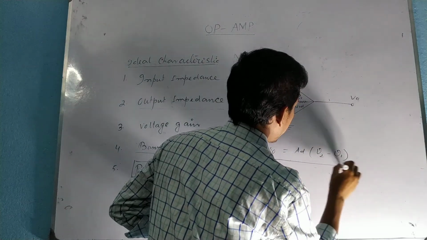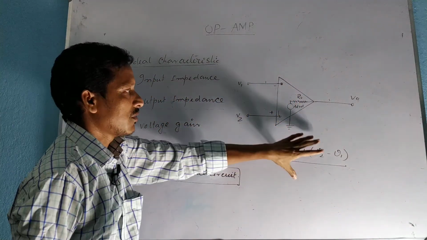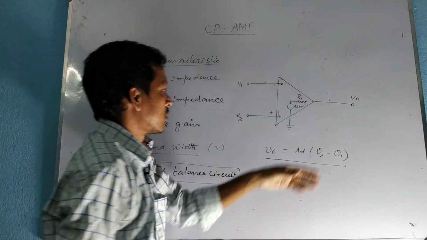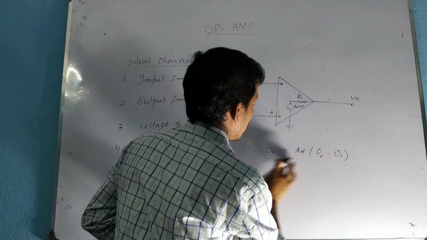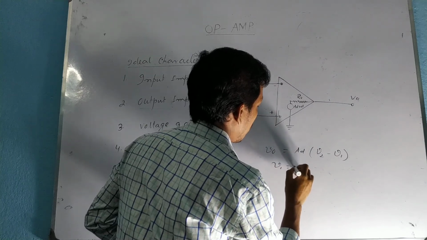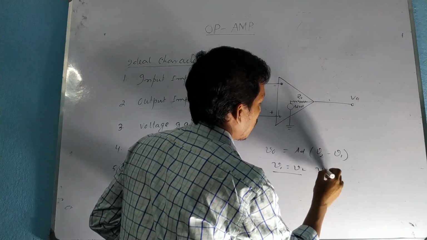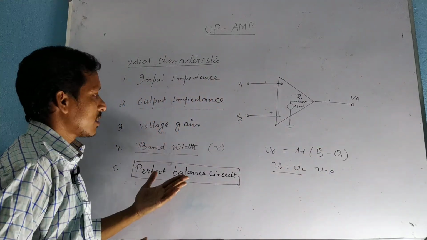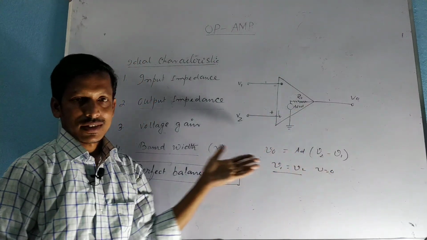This is the expression of the differential amplifier. So if the two inputs are equal, V1 equals V2, then the output will be 0. That is why it is called the perfect balanced circuit in the ideal case.